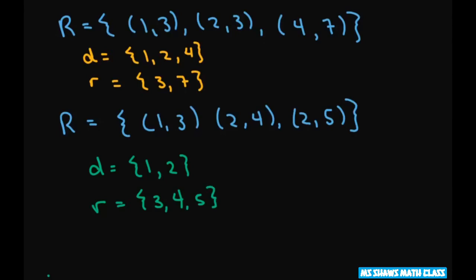Basically, this is not a function, because element 2 in the domain maps onto both elements 4 and 5 in the range. So not a function here. If you graphed it, it wouldn't pass the vertical line test.